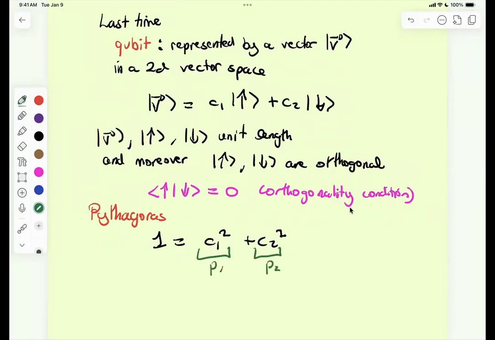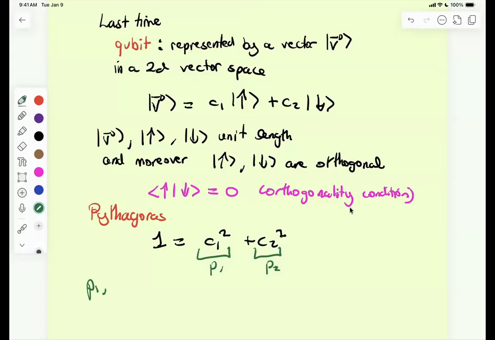So you have two non-negative numbers that sum to one, and in the usual interpretation of quantum mechanics, those are interpreted as probabilities: if you're trying to measure spin up or spin down, the state is found in one of those two possibilities. It's sometimes called a projective measurement, because the idea is that the state collapses into one of those two possibilities.